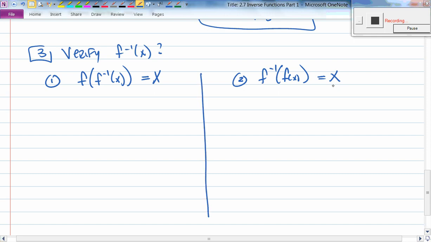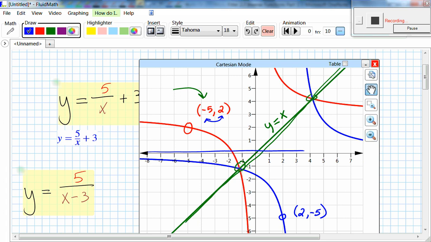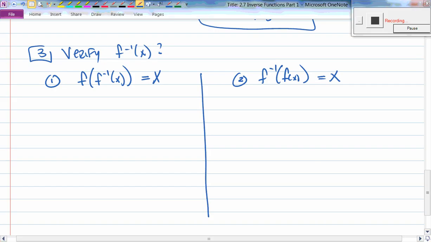So it's interesting that it equals the identity because that's exactly the line that they are reflected upon when you graph these, the line y equals x. So what we're going to do is we're going to actually verify that these two functions are correct. So we started with f of x was, what was it, 5 over x and then plus 3. Is that right? Yeah? Okay, and then we found that f inverse of x was, what was f inverse of x?